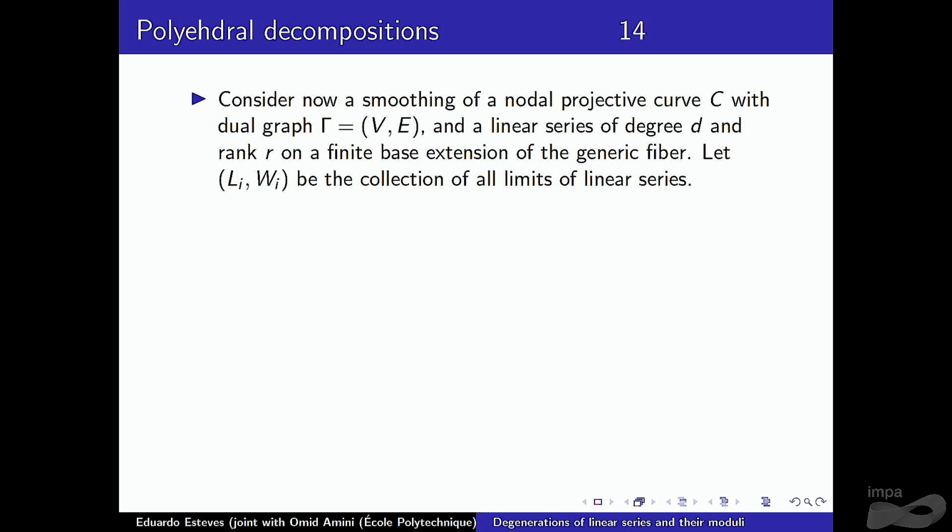So now we're considering a family, just like this space of cubics, degenerated to a nodal projective curve. The dual graph is fixed. And then we think of a linear series of degree d and rank r degenerating to the special curve. Right? And then you have this collection of all limits of linear series. How many are there? Well, we're going to talk about that.